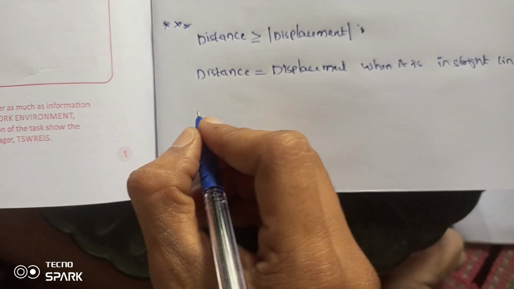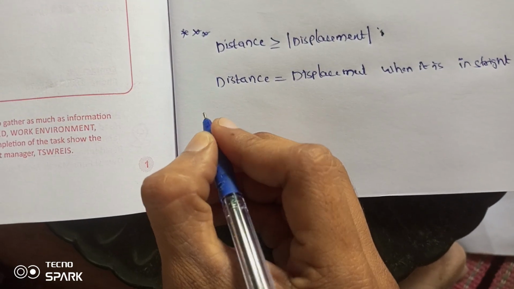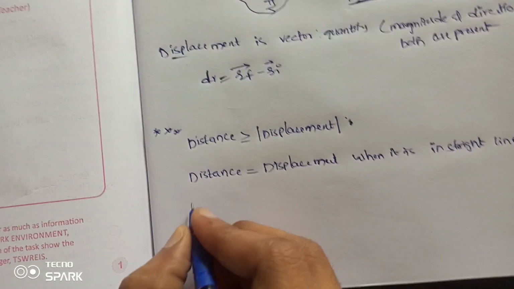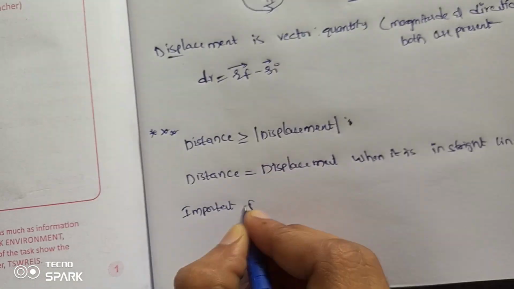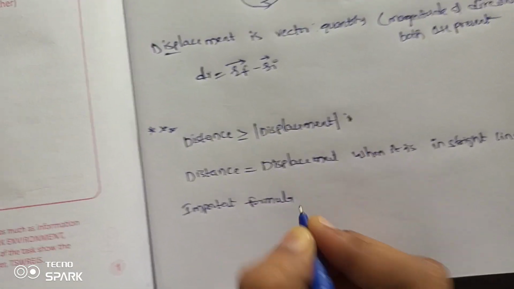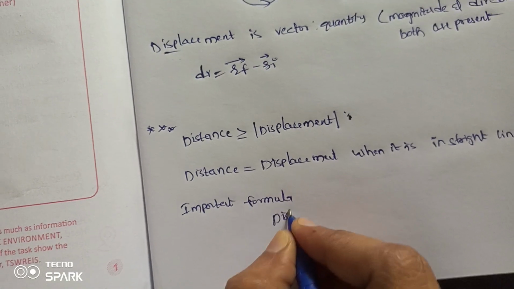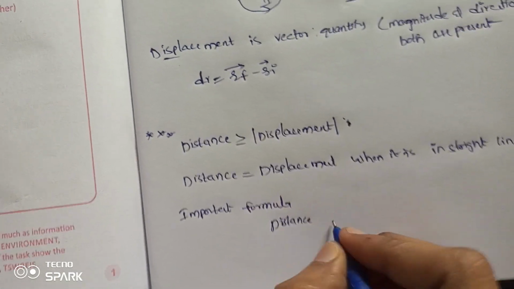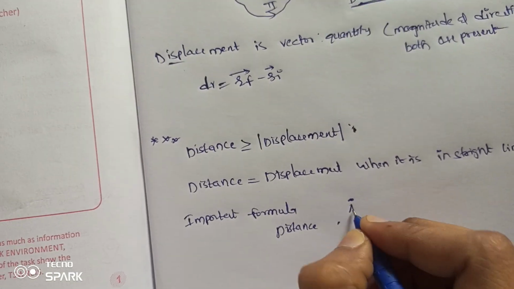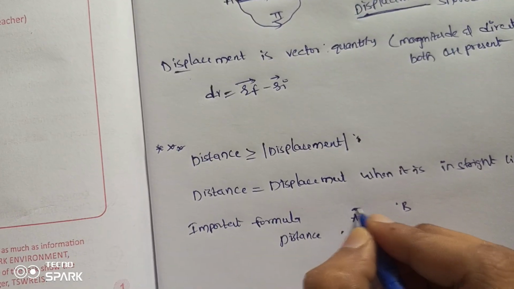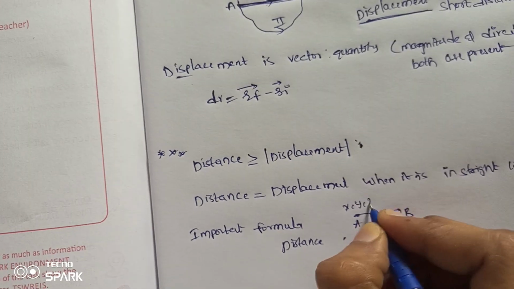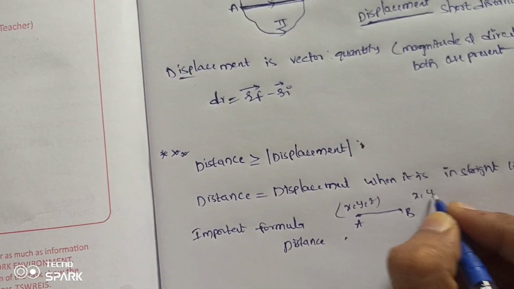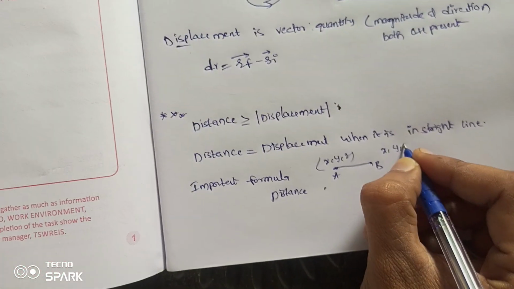And next, the most important formula, distance. Suppose points A and B have coordinates x1, y1, z1 and x2, y2, z2.